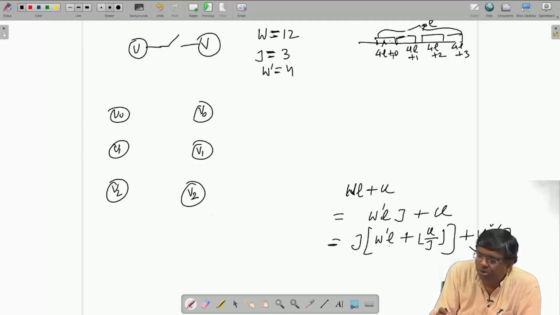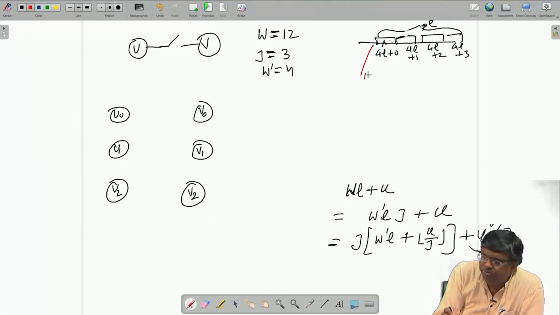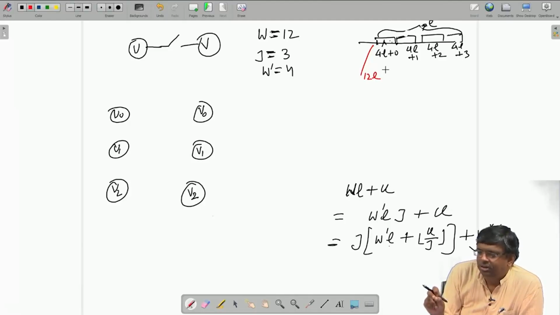And it is given that the switch is closing not only at once, but at these indices. 4L plus 0 was the digit index, but in terms of bit position this was 12L, because every word cycle has 12 bits. So the first was 0 to 11, next was 12 to 23, then 24 to 35. So 12L plus 0 up to 12L plus 11 is the last one.